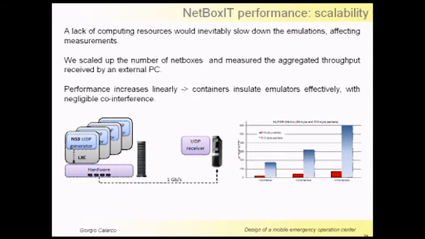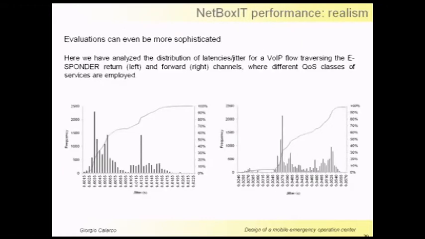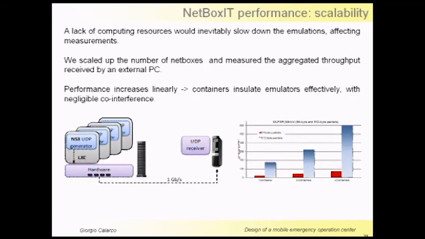So, what I want to stress here is that for us it was important the realism of the platform and that it was behaving exactly as we expected. And another point to stress is the scalability of the testbed. To stress the platform, we scaled up and we increased the number of containers.